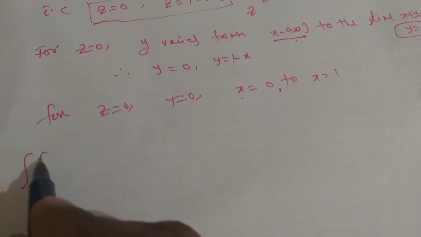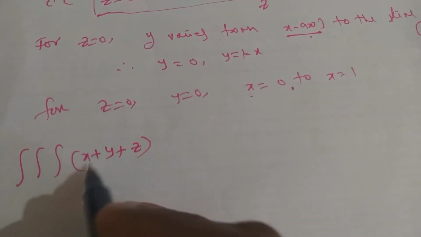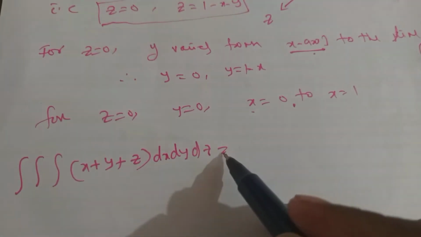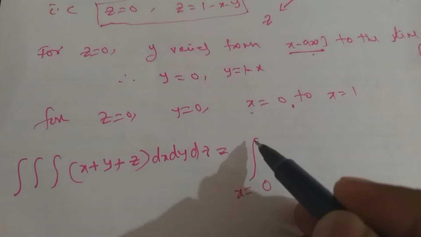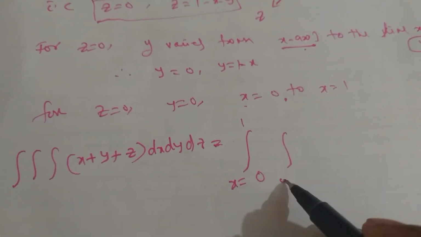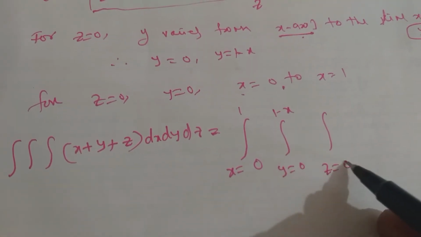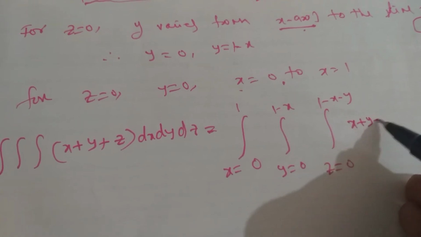Now evaluate the given integration. The integral of x plus y plus z dx dy dz is equal to, so x limits are constant. We know if the limits are constant, we integrate last, and y limits are 0 to 1 minus x, and z limits are 0 to 1 minus x minus y.